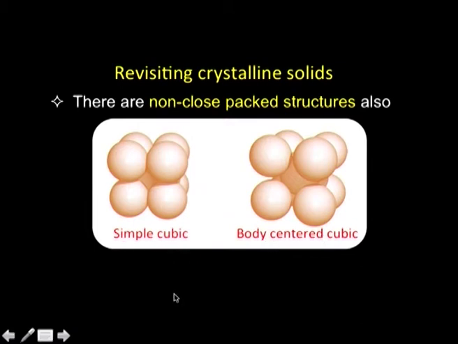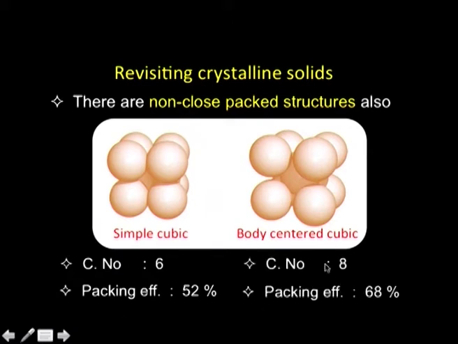The important features of these two structures are that in simple cubic, the coordination number is 6. That is, each sphere has 6 neighbors, and the packing efficiency is about 52%. Whereas in BCC, the coordination number is 8 and the packing efficiency is 68%. So, these are the possible structures we have here.